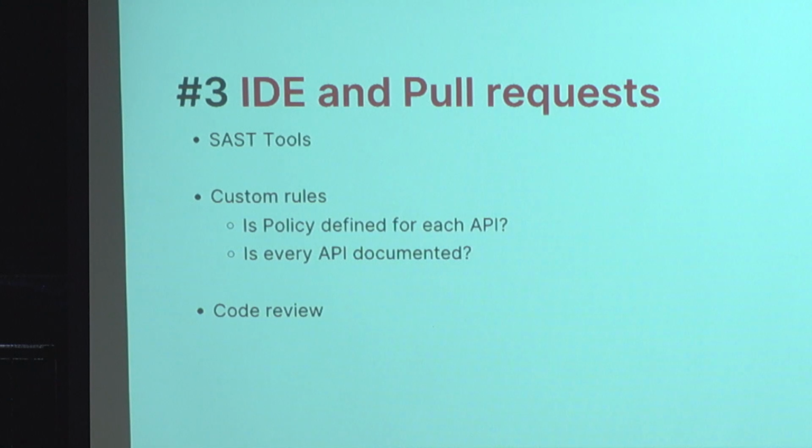But it's very important that you check, for each API that's defined, whether an equivalent policy is defined or not, and whether that API is documented or not. If not, raise an alert. And going a step further, raise an alert before the developers can commit that new API, or at least before the developers can merge it to the main branch.